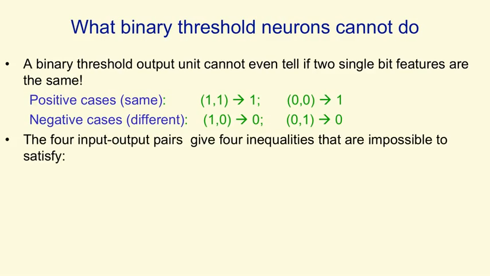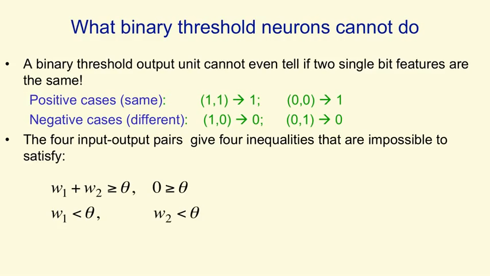We can prove that algebraically. Those four input-output pairs that I showed you give rise to four inequalities, and it's impossible to satisfy them. So the first positive case, when the two feature values are 1, the output should be 1, that gives us the inequality that 1 times W1 plus 1 times W2 has got to be greater than the threshold, so we give an output of 1.